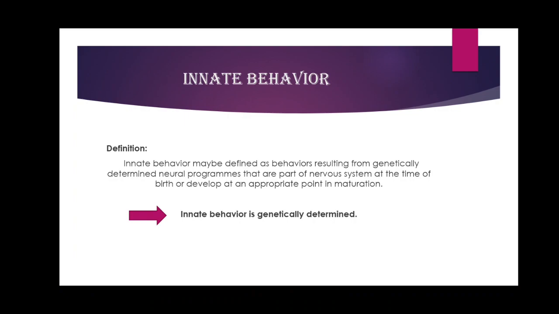So according to this definition, the characteristics which are specifically innate are genetically determined, meaning preset neural programs which are controlled by the nervous system somehow. Innate behavior is genetically determined. This point is very important and you have to keep it in your mind because it is controlled by the genes.